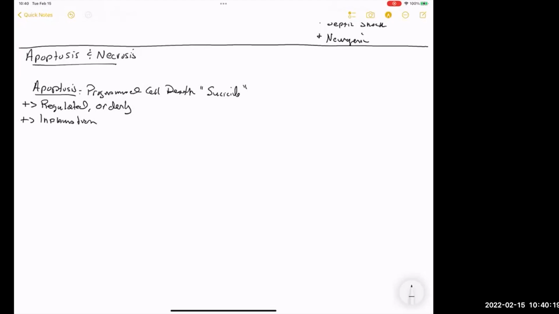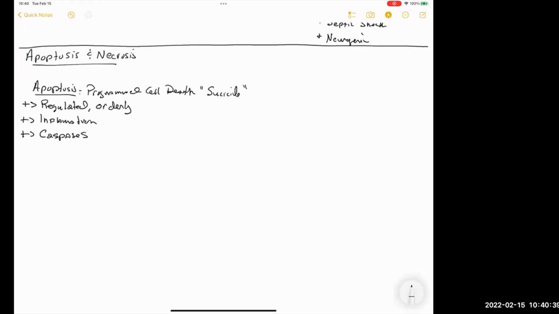And so what happens is it is regulated. There are different protein systems. Proteins play an incredibly important role in regulating this orderly shutdown, and you begin digesting and breaking things up.